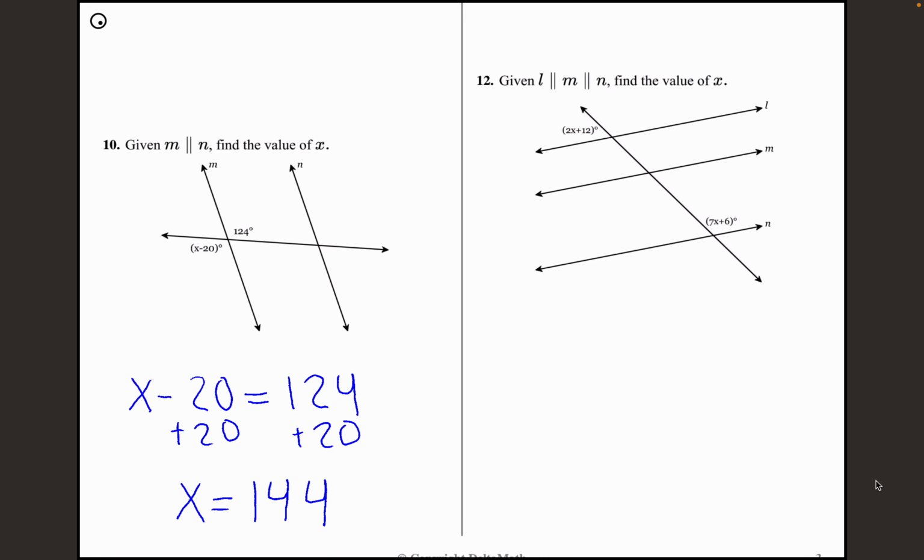No. You said they're the same. So what should we do with these two? Just equal them to each other. What kind of angles are these?